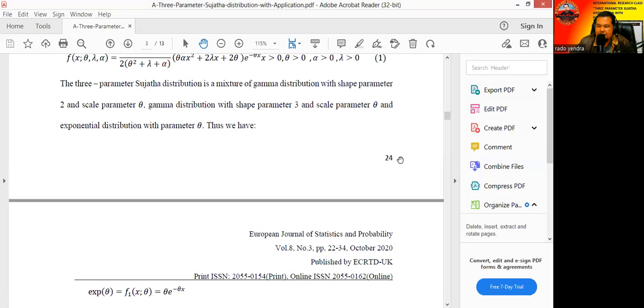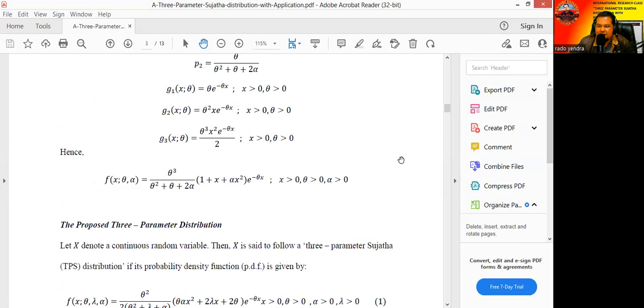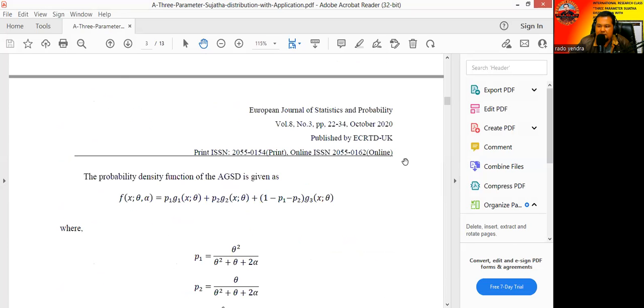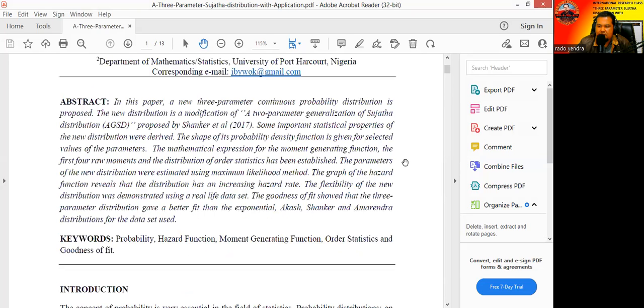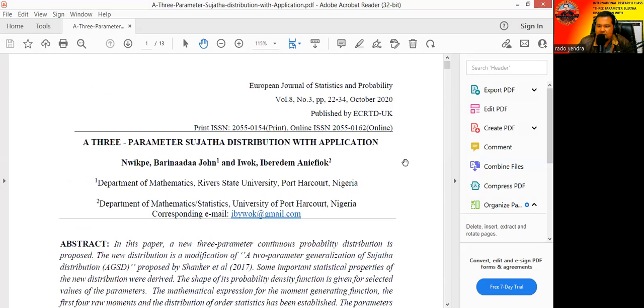Okay, there is one research article published in the European Journal of Statistics and Probability in October 2020 with the title A Three Parameter Sujatha Distribution with Application.